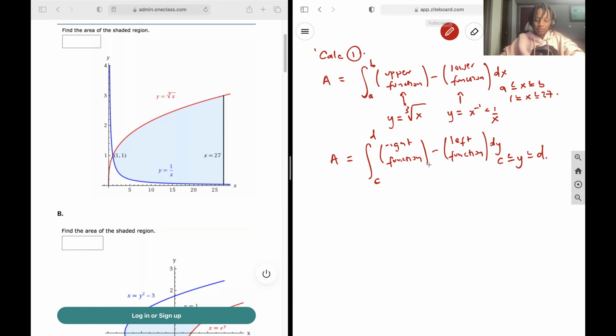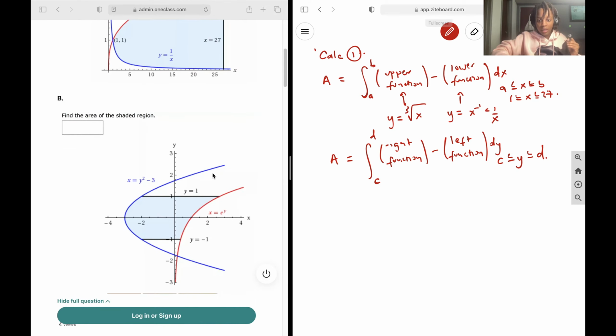So a great way to visualize this would be our second case, where we have our right function. So the function to the right is e to the y. The function to the left is going to be x is equal to y squared minus 3. And lastly, our bounds are y's between -1 and 1.